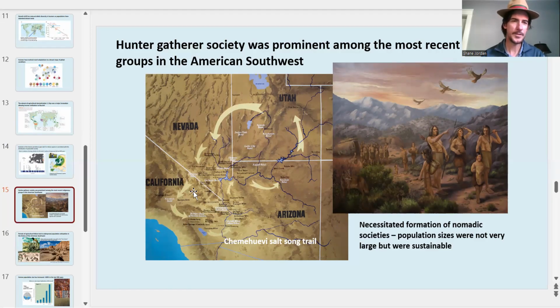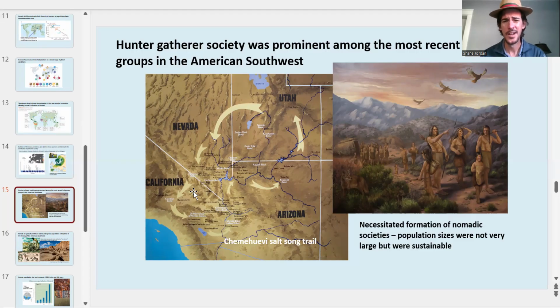And so there were various reasons to spend the summer in certain locations and the winter in other locations, and various reasons to collect various food sources at certain times of year, and of course, to store those food resources for times of the year when food was not going to be very plentiful.